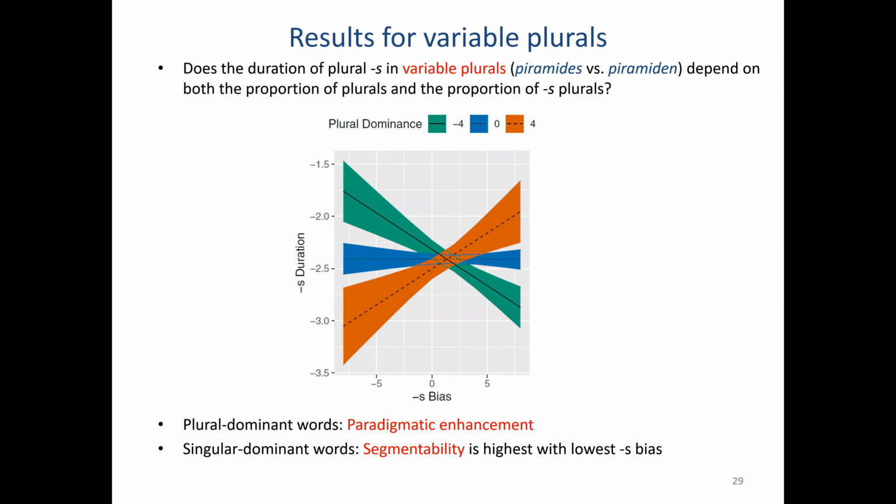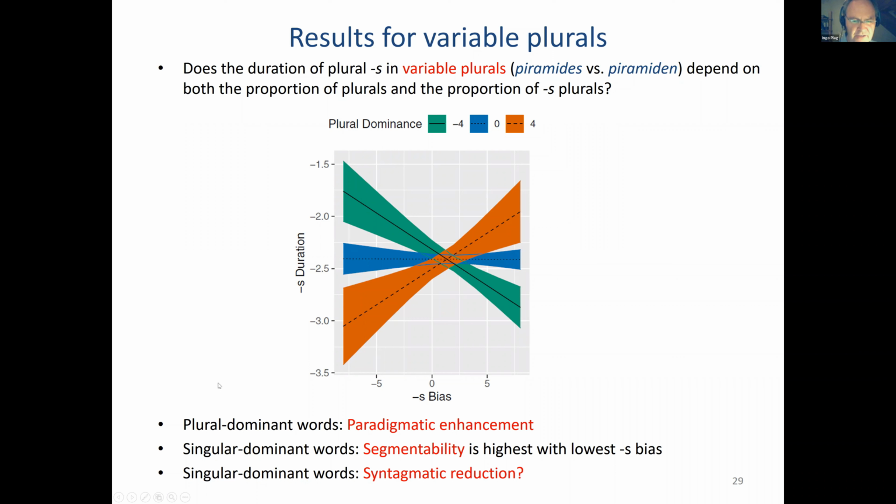And that means that they are highly segmentable. So maybe this is a segmentability effect, because recall, segmentability means the more easily segmentable, the longer the thing should be. So that would be the story for the singular dominant words.